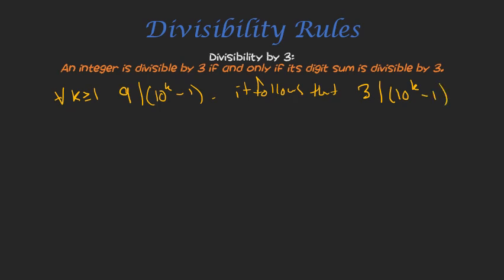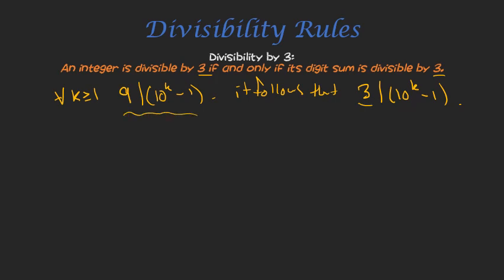And so the entire last argument, if you just take 9 and replace it by 3, will completely work out in the same way, and we'll get the result: divisible by 3 if and only if the digit sum is divisible by 3. This one is pretty handy too, and is really a corollary of that previous one. It all hinges on this fact.